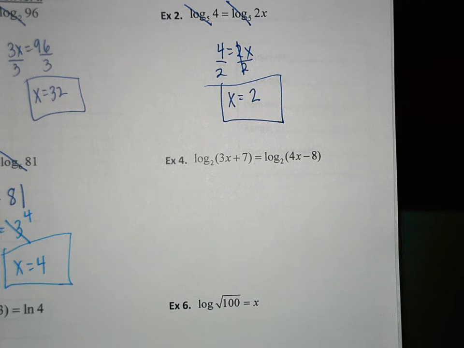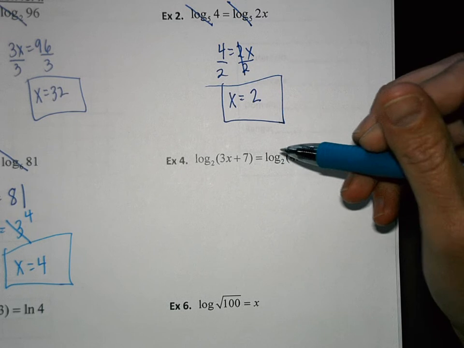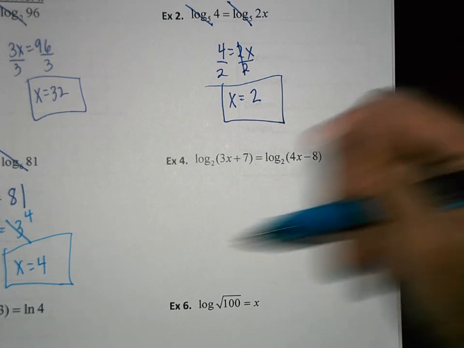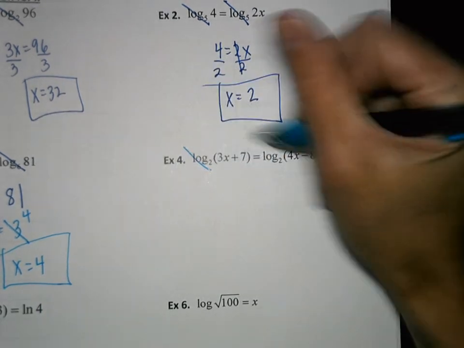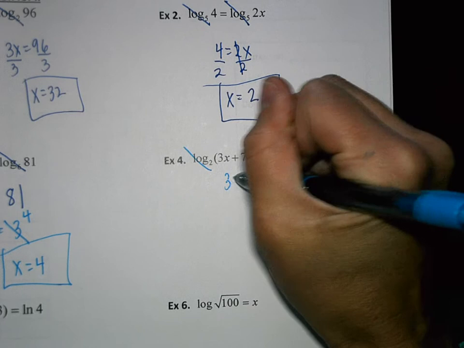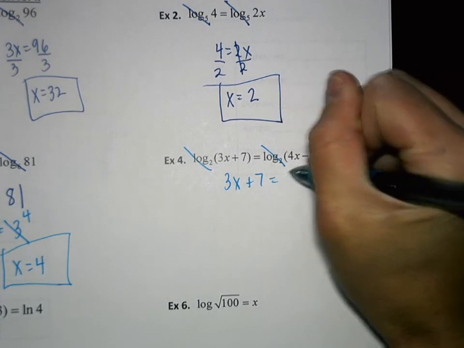So it's 7. Okay, maybe I have the wrong answer here. Do we have logs? Yes? Okay, cancel them out. And this is just an algebra equation. 3x plus 7 equals 4x minus 8.